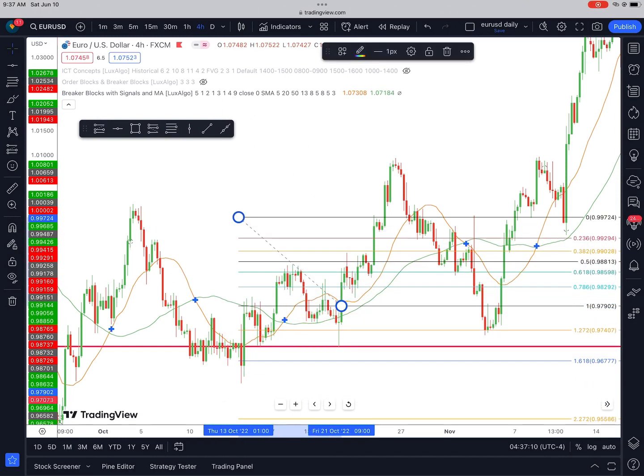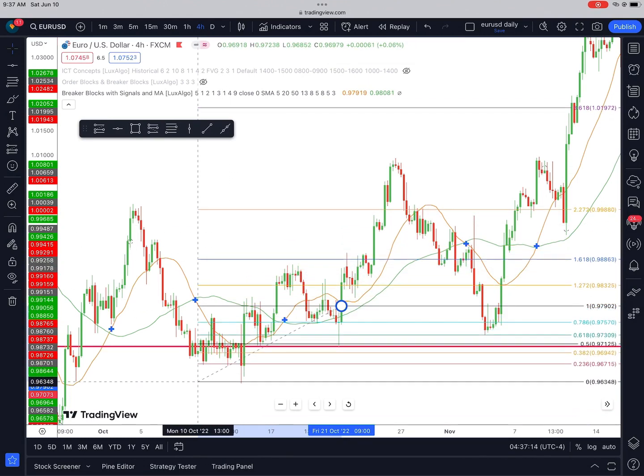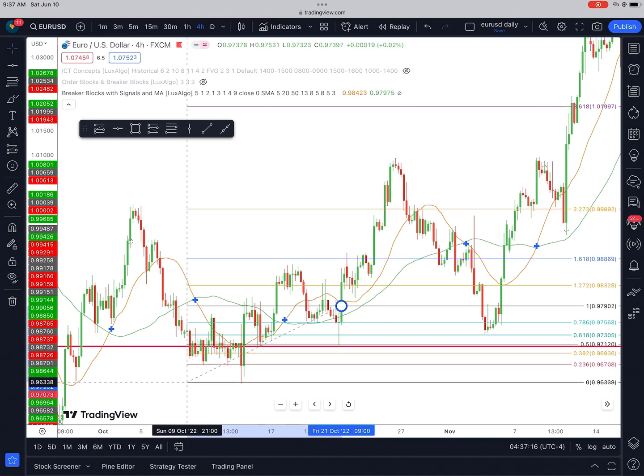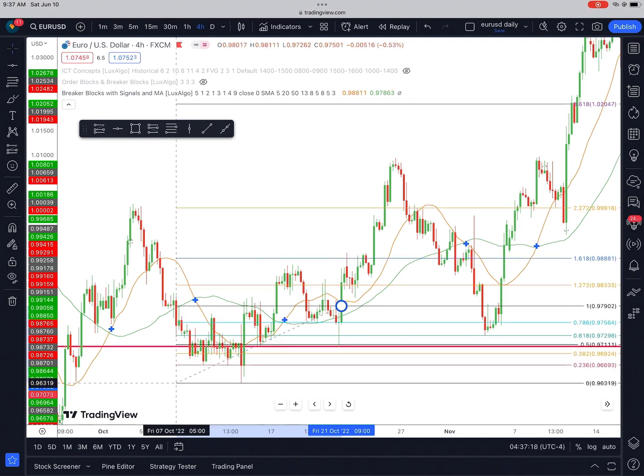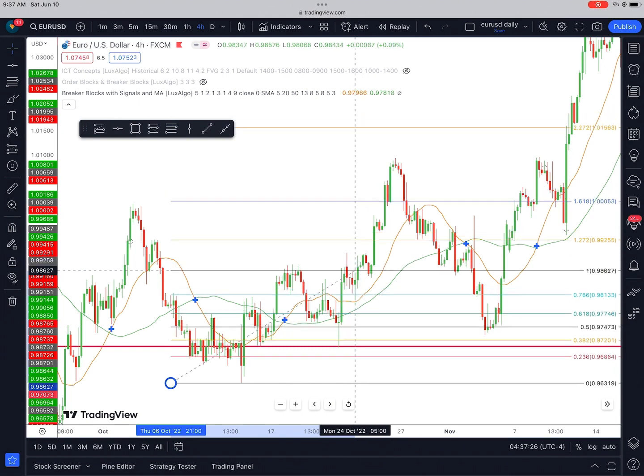I can put a pending order there, and my stop loss is always at the 0.5 level.